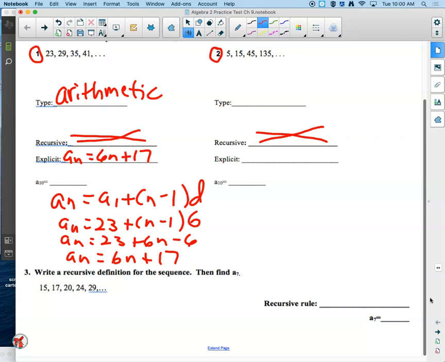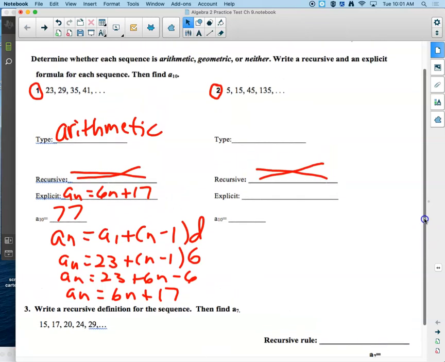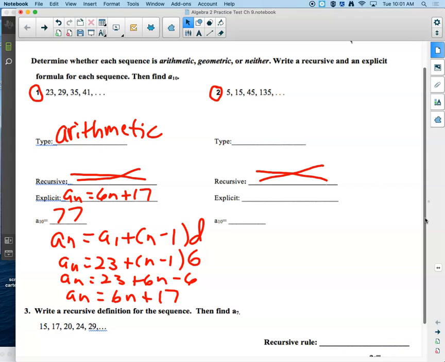How do we do this? Yeah, that nice little formula we just had, just put a 10 in there. I don't know that a lot of people are even going to show work for that. I don't know that I would. I'd go up here and put a 10 in and say, oh, that's 60 plus 17. That's 77. So you just get those formulas down and things should roll along pretty good for the first few anyway. Alrighty, let's take a look at number 2.